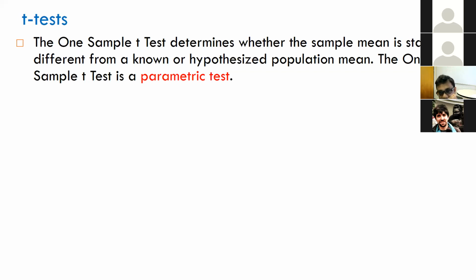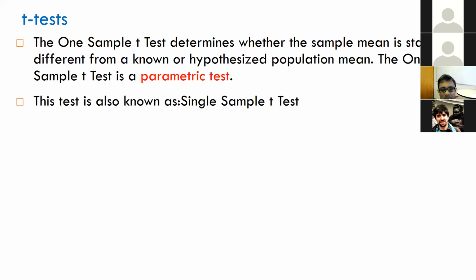So t-test is a parametric test. If your data is not normally distributed, you cannot use t-test. You have to use the relevant tests, which are called non-parametric tests. I'm not going to explain this in detail because those are a bit advanced, but the difference between parametric and non-parametric entirely depends on whether your data is normally distributed or not. So that's the one sample t-test.